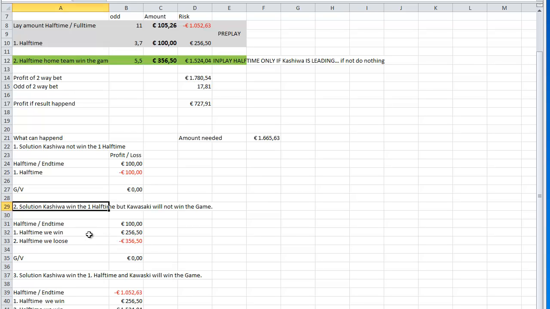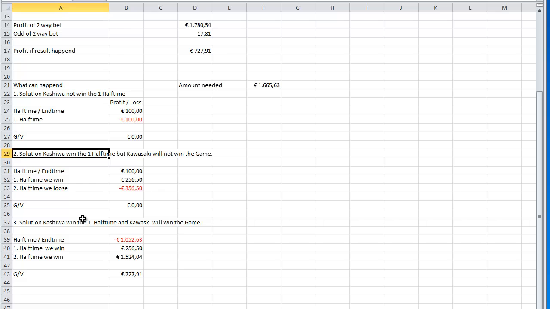And the third and best solution of what could happen is that the game is halftime Kashiwa, and at the end Kawasaki will win the game.